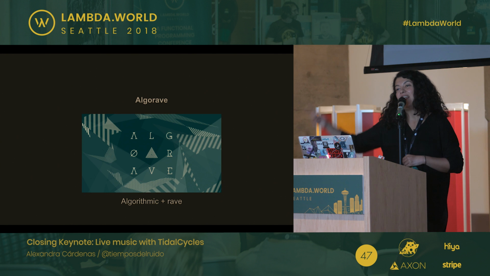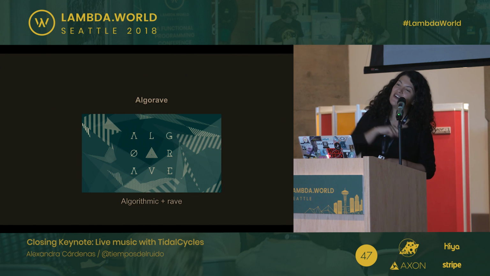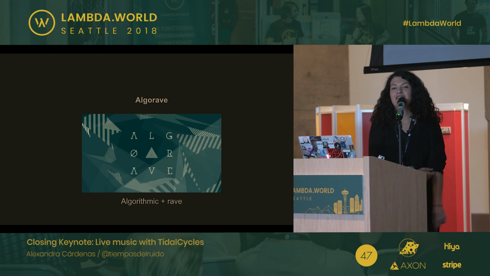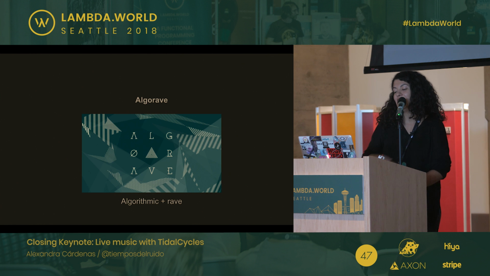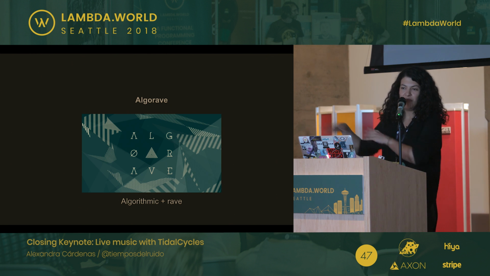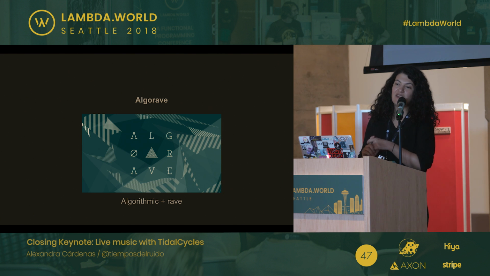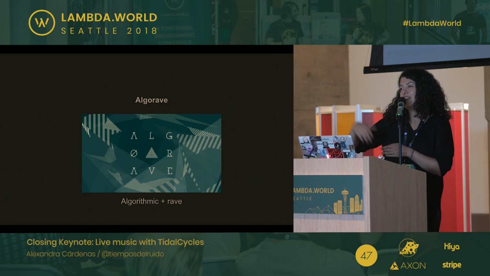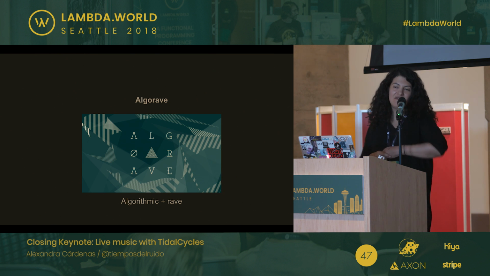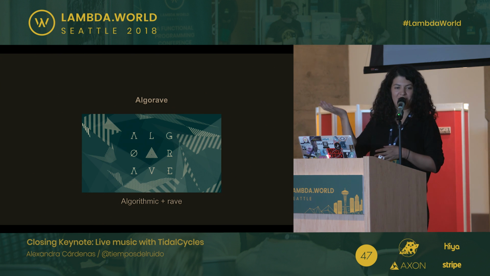It began as a joke by Alex McLean, a computer scientist, and Nick Collins, a composer, two guys from England. They were driving one day and said, imagine if we did live coding in a club to make people dance. That would be funny.